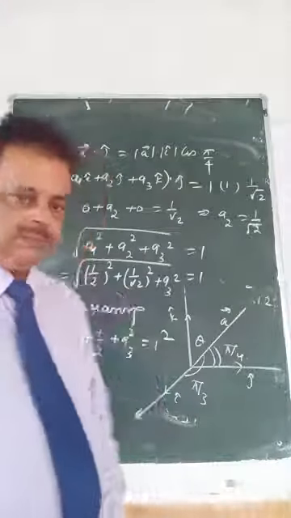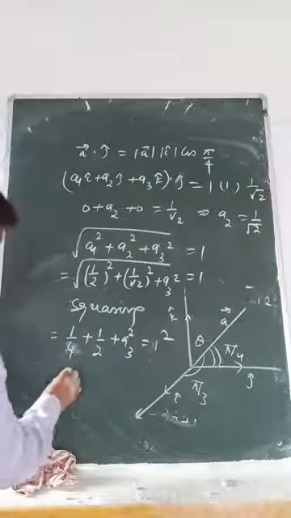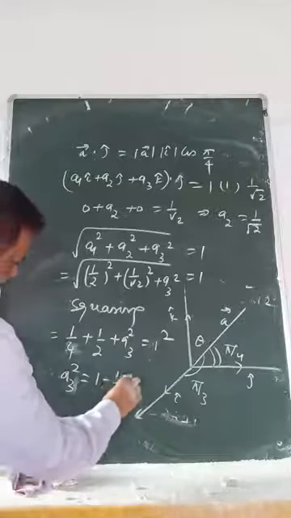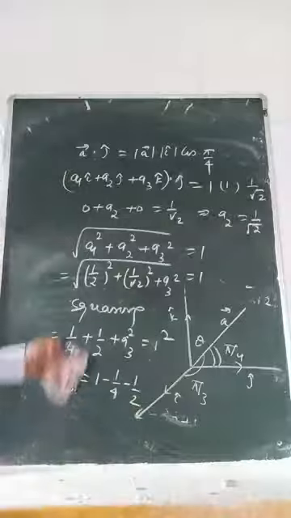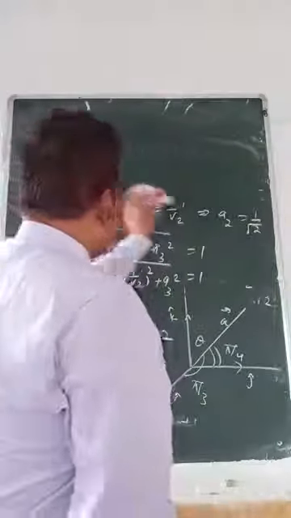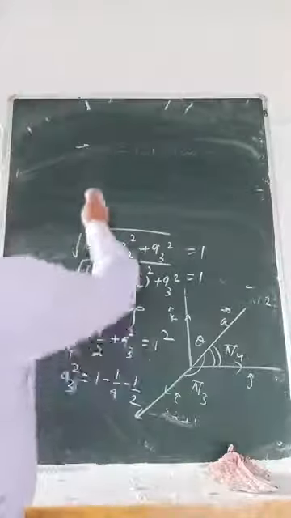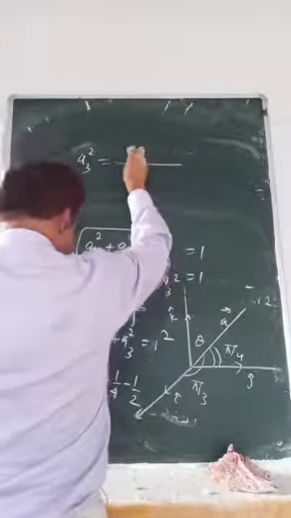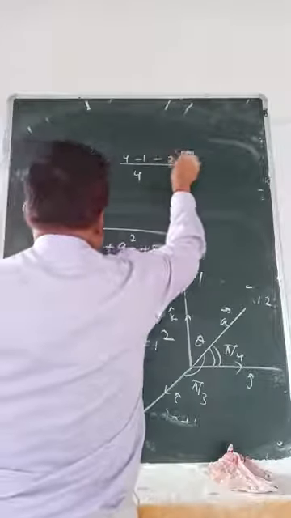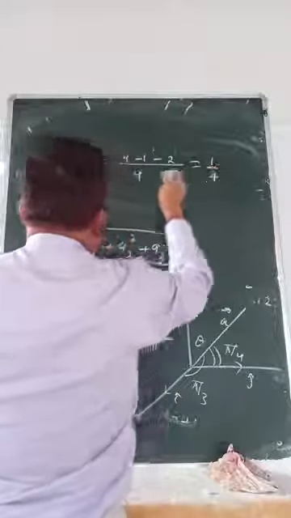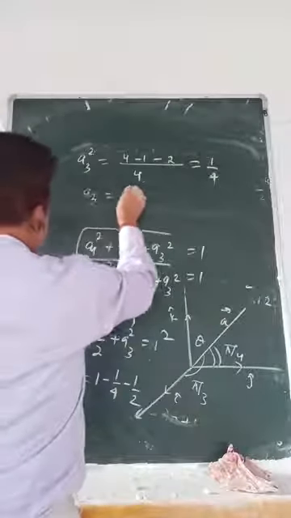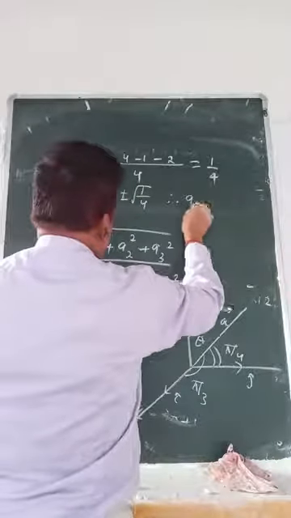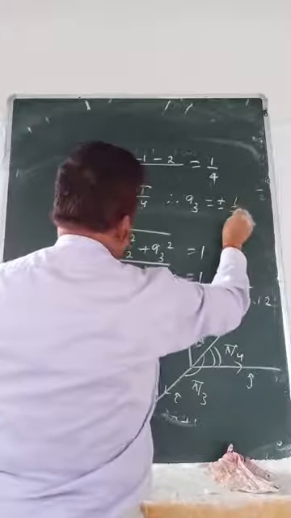Then A3 square equals 1 minus 1 by 4 minus 1 by 2. Let's simplify. You will get A3 square equals, LCM 4, 4 minus 1 minus 2, that is 1 by 4. So A3 equals plus minus square root of 1 by 4. Therefore A3 equals plus minus 1 by 2.